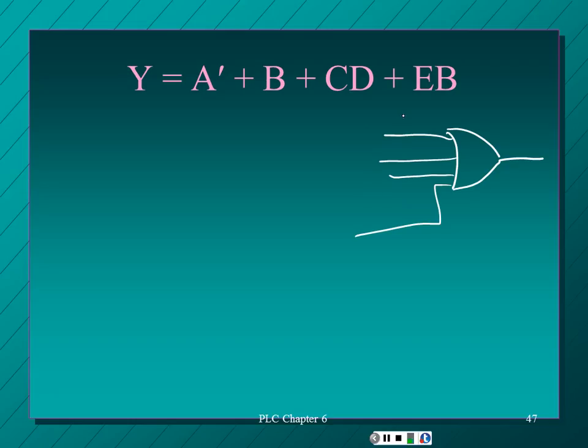Okay, so on this first leg, I have not A. On the second leg, I have B. On the third leg, I have CD. On the last leg, I have EB. But those variables are not finished.